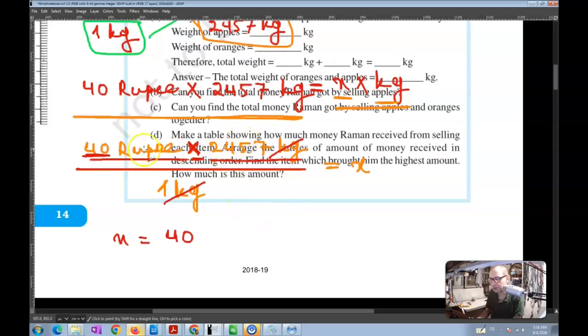Sometimes there is something over here, you just don't see it, you don't read it, and then you will miss it. So you have 40 times this number, which is 2,457, and the unit is rupees, right?